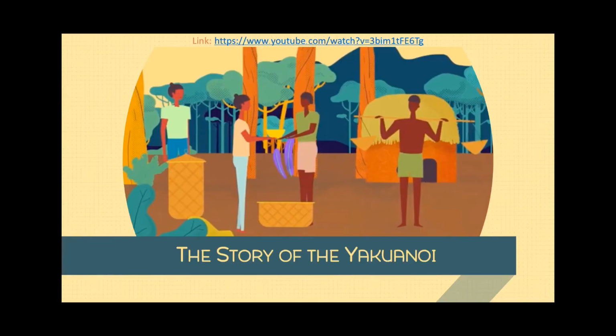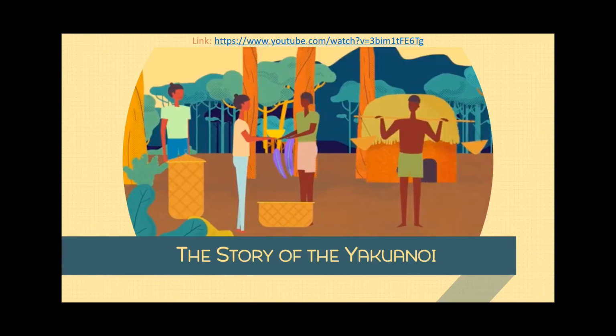For example, using the indigenous knowledge, the Yakuanoy people were able to make use of materials and resources found in their immediate environment and turn them into products that were good for skincare and battling skin infection and inflammation. Now, what happened was that they made use of this product in order to make trades with other tribes.